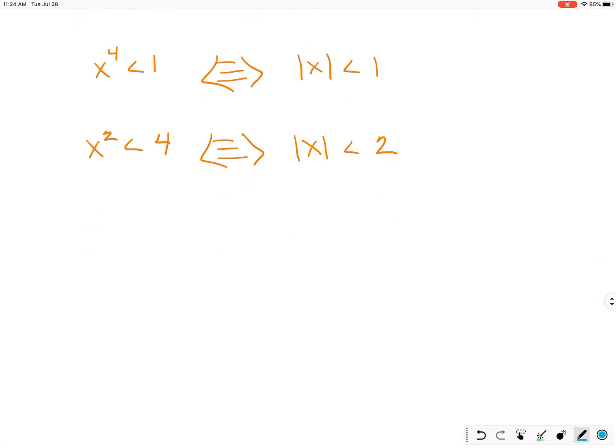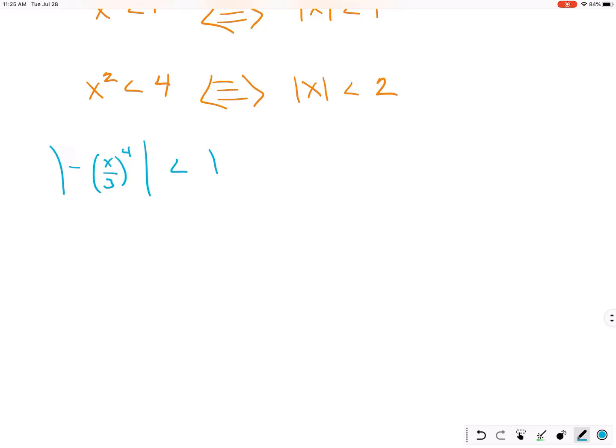So in the problem that we have from our homework, we have the situation of minus x over 3, all raised to the 4th, take the absolute value, and that's less than 1, because we're looking for the radius of convergence. Because of the absolute value, I can just not worry about that negative sign.